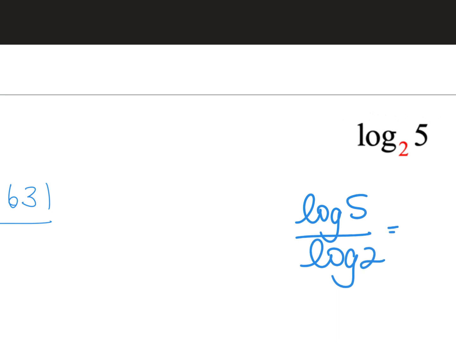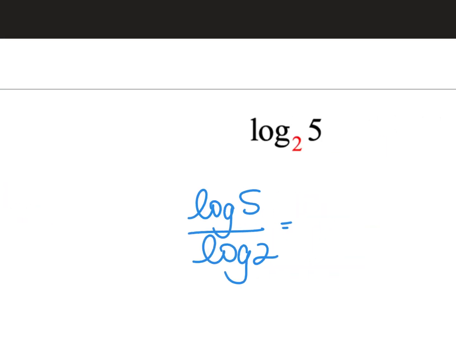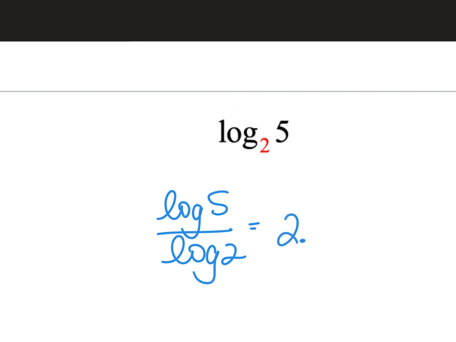Okay, how am I going to do this change of base formula? Perfect. Log 5 divided by log 2. How come you didn't do it the other way around? Because that's not the way you're supposed to do it? Because you're listening to what I said? What'd you guys get? 2.322. Okay. Fair enough.